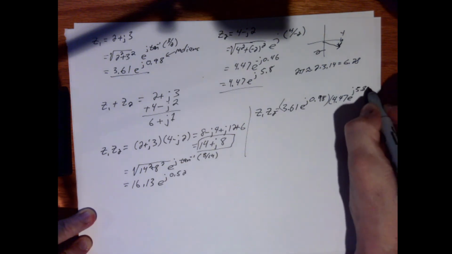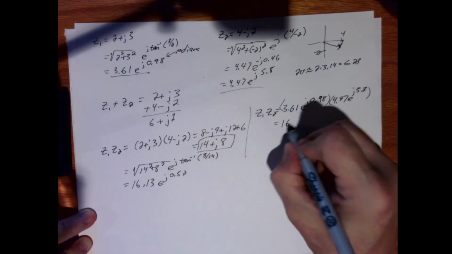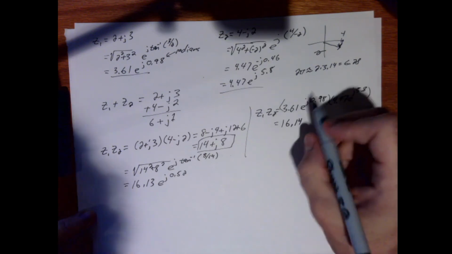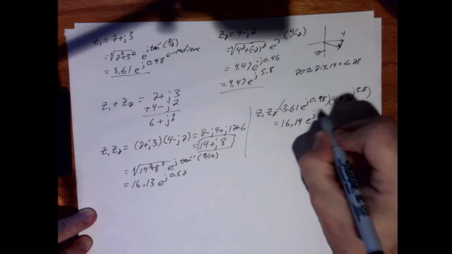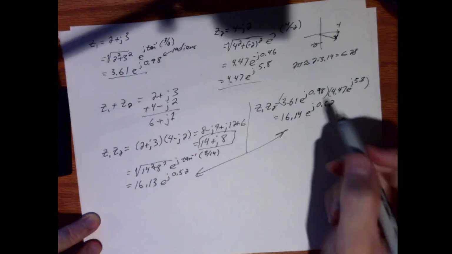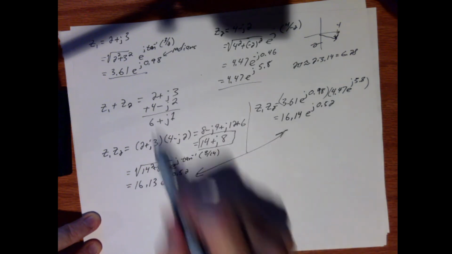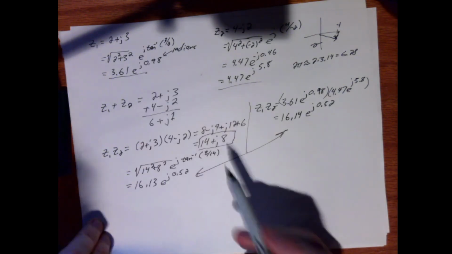So I had to do some rounding off between the two. Here I actually got 16.14 on my calculator and e to the j 0.52. So they're the same. Whether I took the values in polar coordinates and did it, or kept it in Cartesian coordinates, I get this right here.